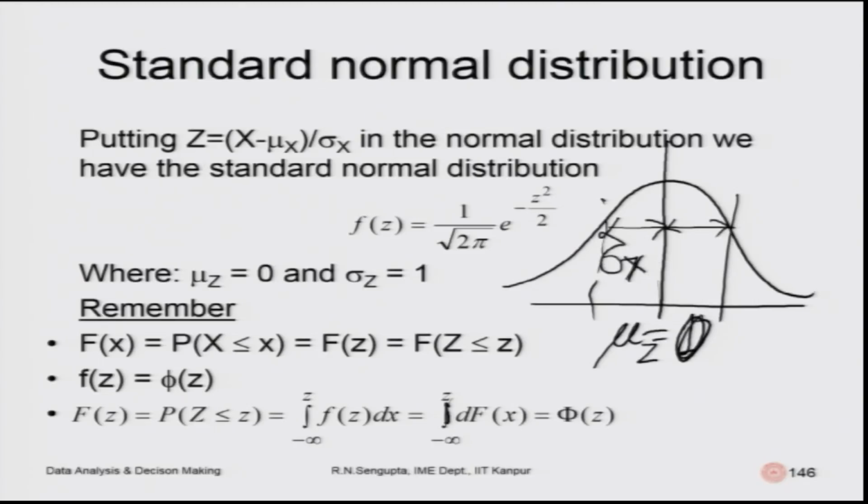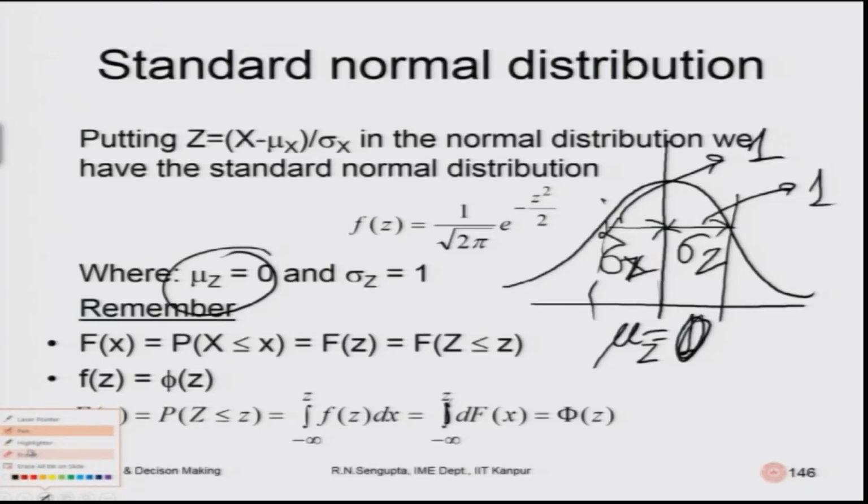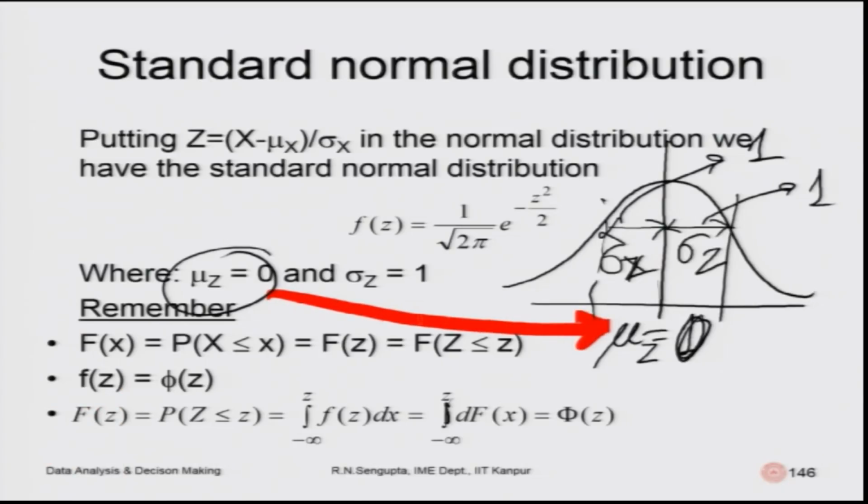So, this is sigma z, this value would be 1, and this value would also be 1. So, plus minus 1 you will have. So, here mu z is 0. The color change would help. So, this is what I am talking about, and when you have this, this is the value which I am talking about.